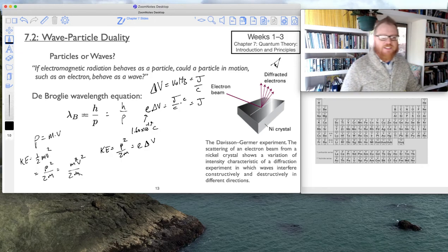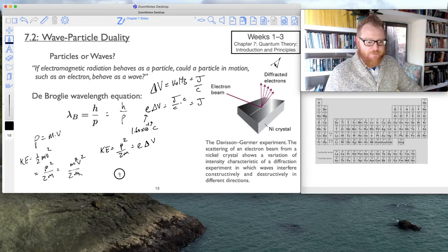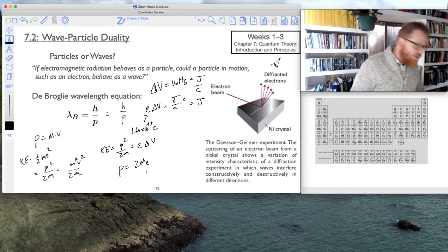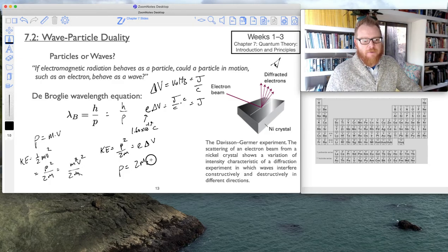And now if we substitute for p, that's what we want to solve for, right? We know p is going to be the square root of 2 times the mass of the electron times the charge of that electron times this potential difference. So why is this useful?